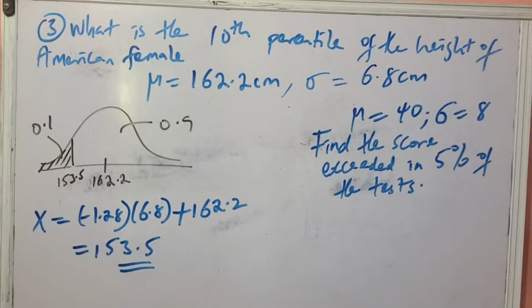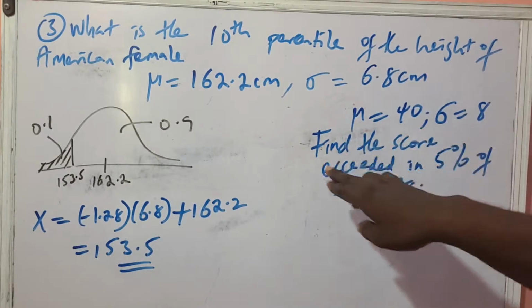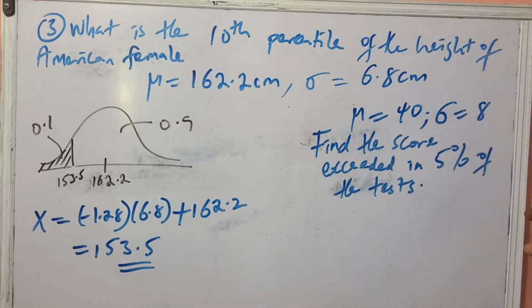Now, this brings me to explaining how this relates perfectly with percentiles. I want you to know that they can also ask the question and say, find the score not exceeded in 5% of the test. So how do you understand this?